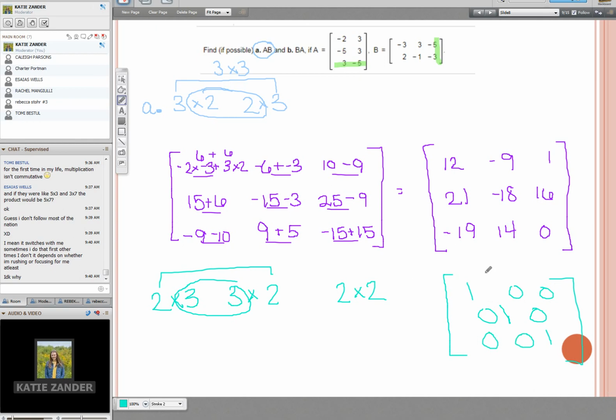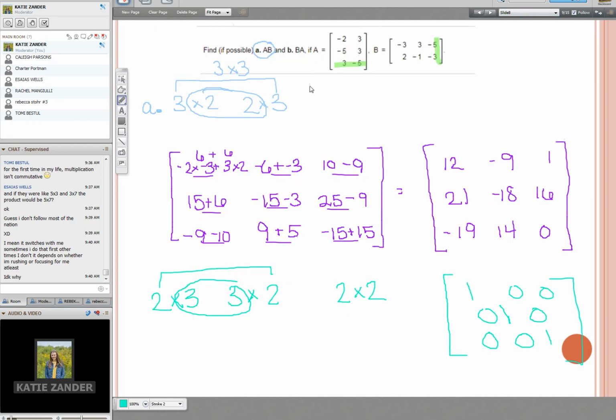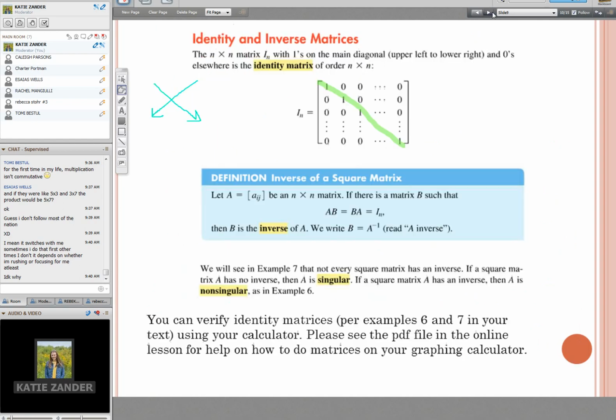That's what our end result would have looked like if these were inverse matrices. Obviously, they were not inverse matrices because when we multiplied A times B together, we did not get this identity matrix. We got nothing close to it.